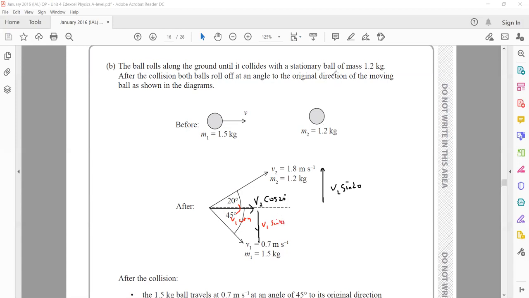To solve this, I can use the conservation of momentum in the x direction. So we have the formula m1 u1 plus m2 u2, in the x direction, is equal to m1 v1 plus m2 v2.